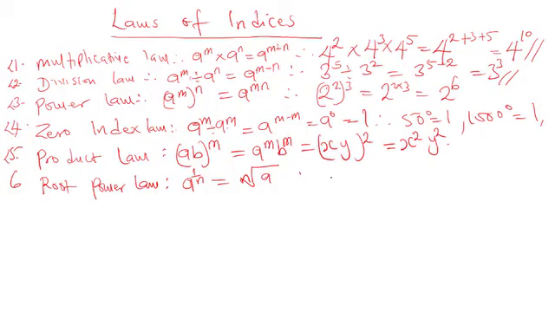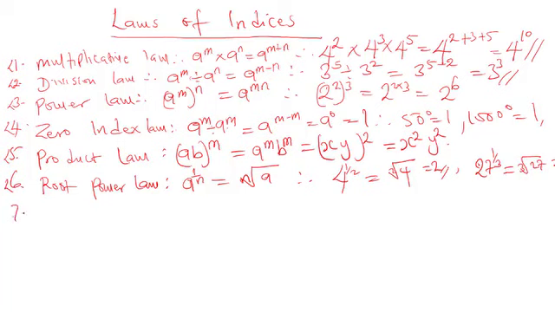Let's use 4 as a perfect square: 4 raised to the power 1 over 2 is the same thing as the square root of 4, which is 2. The same applies to 27 raised to the power 1 over 3, which is equivalent to the cube root of 27, which is equal to 3. That's what the root power law is telling us.